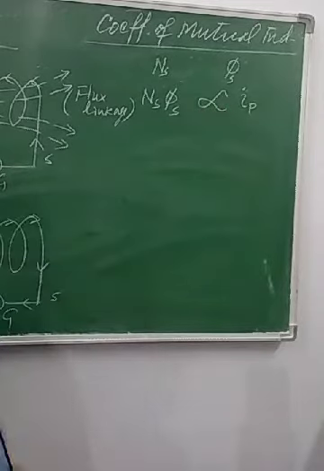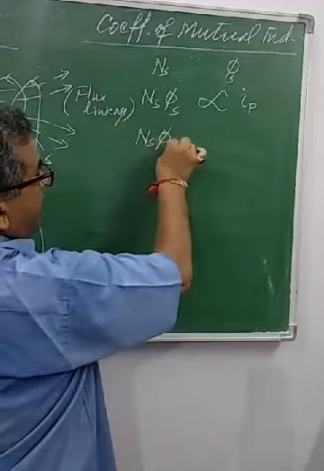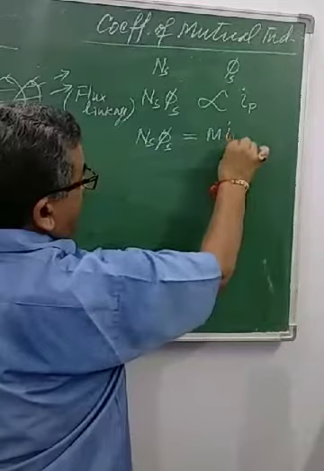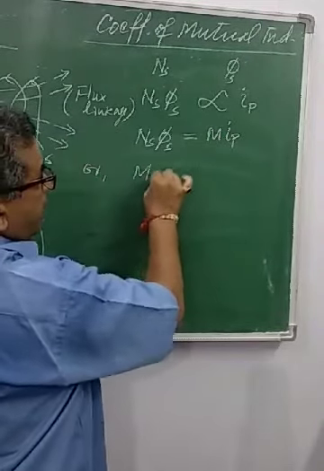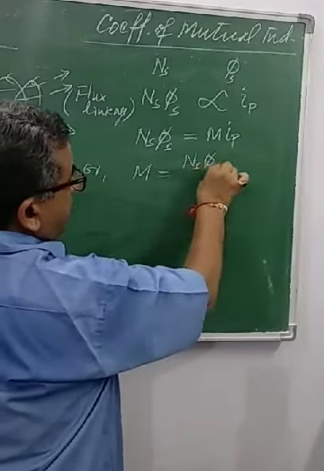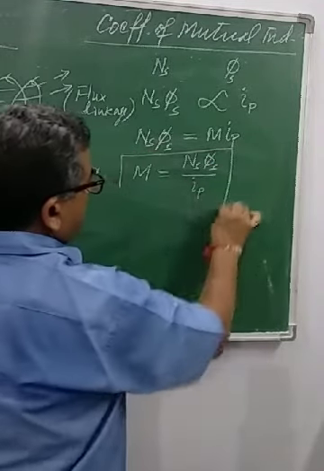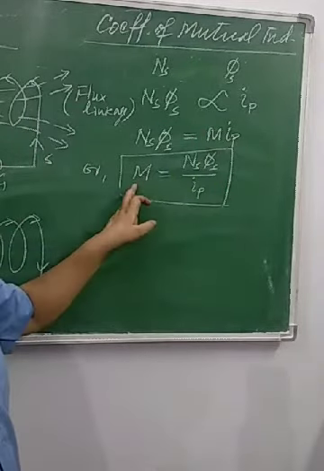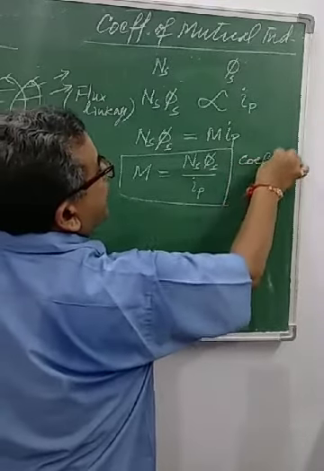So removing the proportionality, N_S phi S equals M I_P, or we can write M equals N_S phi S upon I_P, where this M is a proportionality constant and is called the coefficient of mutual induction.